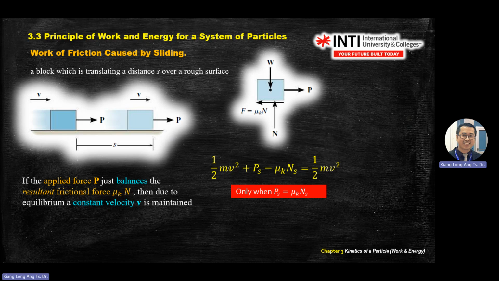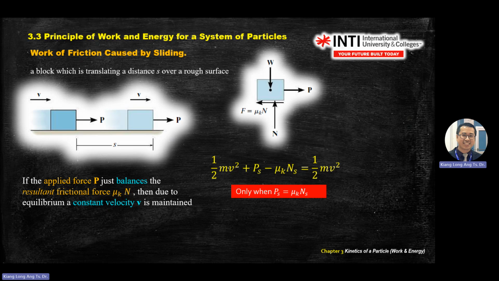Wrong notation on my slides. You see the wrong notation, right? I used the wrong subscript. I should not write P sub S. It's P multiplied by the distance, not subscript. P multiplied by S becomes work. P sub F means force. Then this one, mu K N sub S is also wrong.